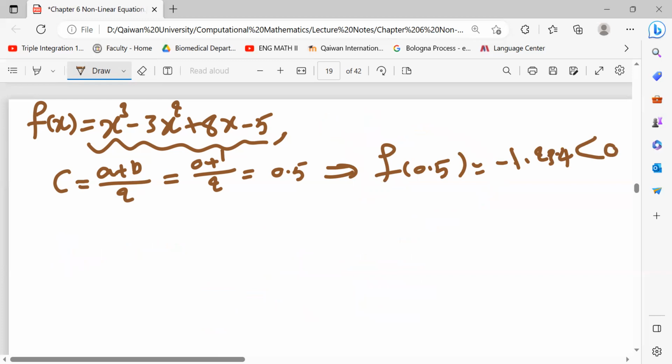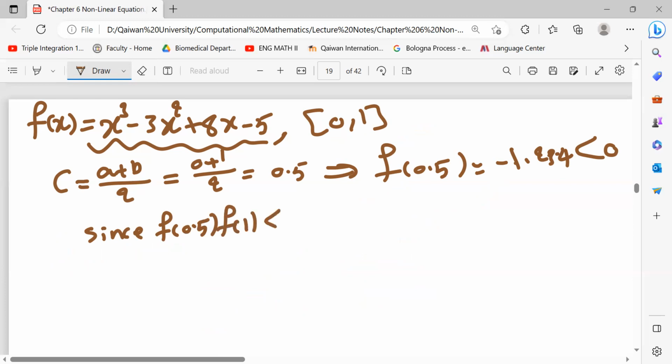But you already found that f of A, which is f of 0, is negative, and f of 1 is positive. So f of 0.5 times f of 1 is less than 0. So the new interval is 0.5 and 1.